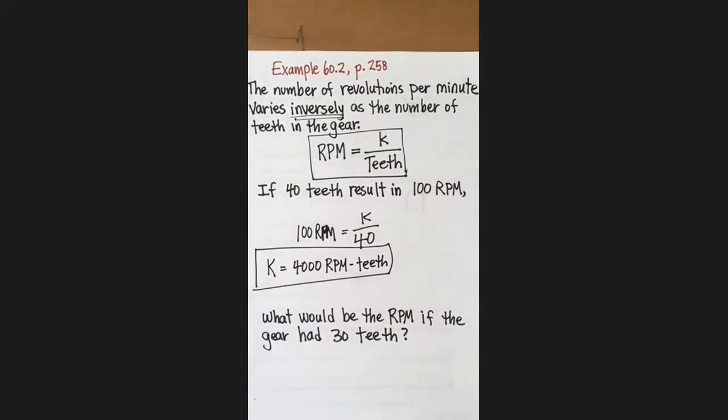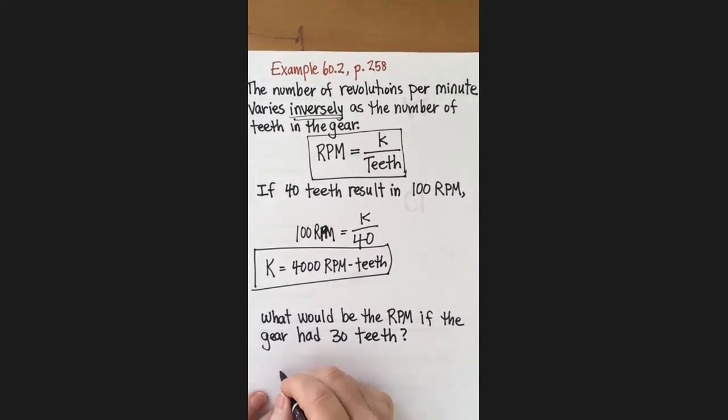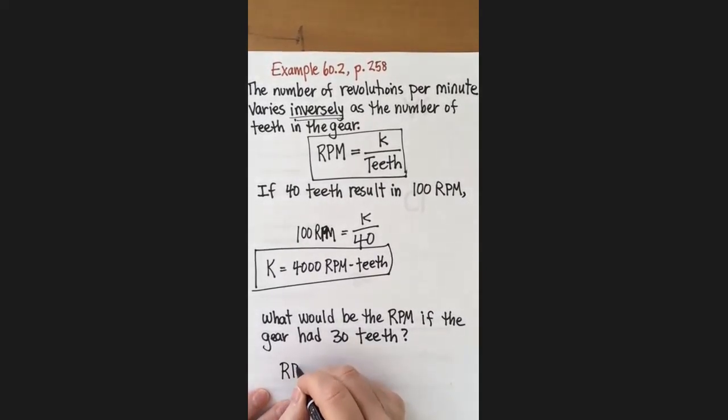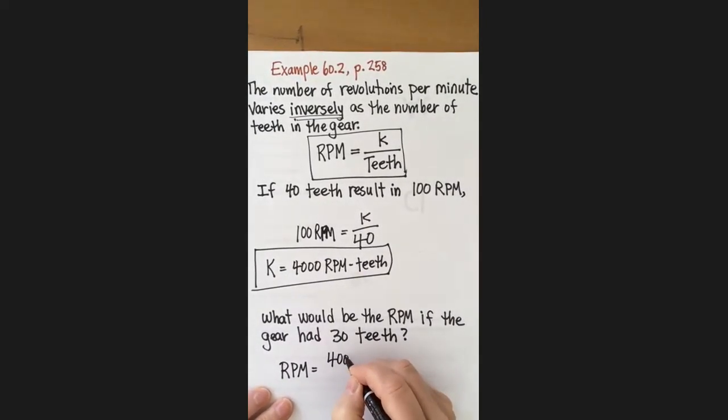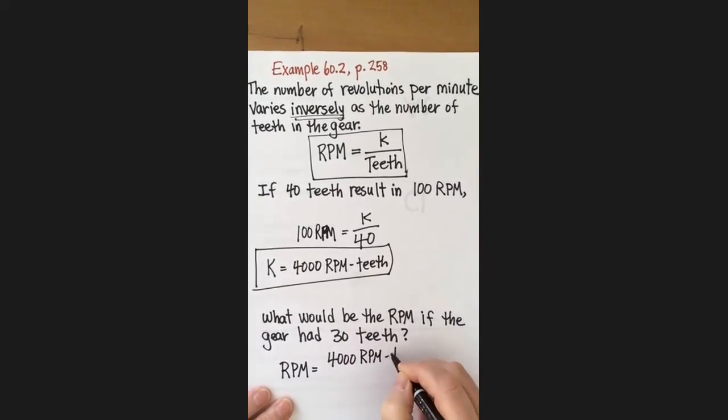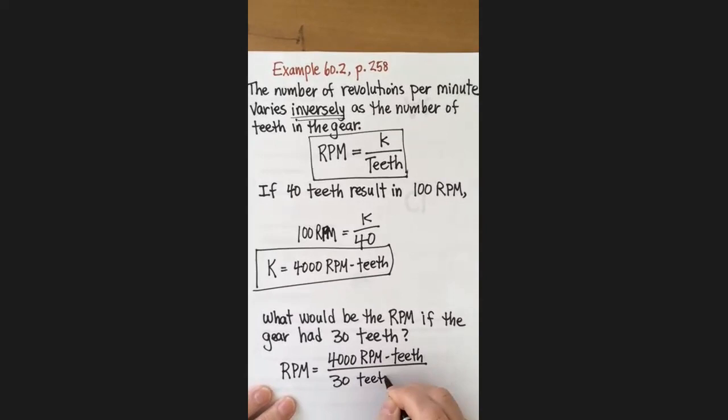What would be the RPM if the gear had 30 teeth? So we're looking for RPM. We have our constant of proportionality, and we're given the situation where there are 30 teeth.